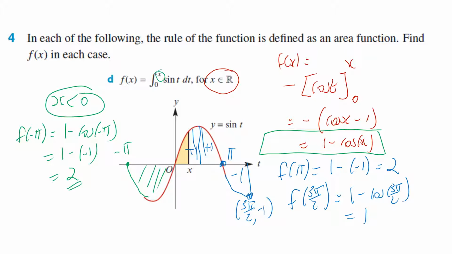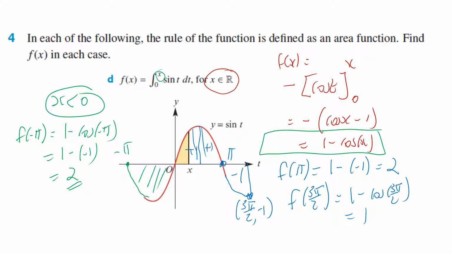Why is it positive 2 when clearly that sine area is below the curve? It's exactly for the reason we've discussed before. If our upper bound is less than our lower bound, it'll be the negative opposite. So it's effective as a net signed area function for positive values of x. For negative values of x, it's the opposite.